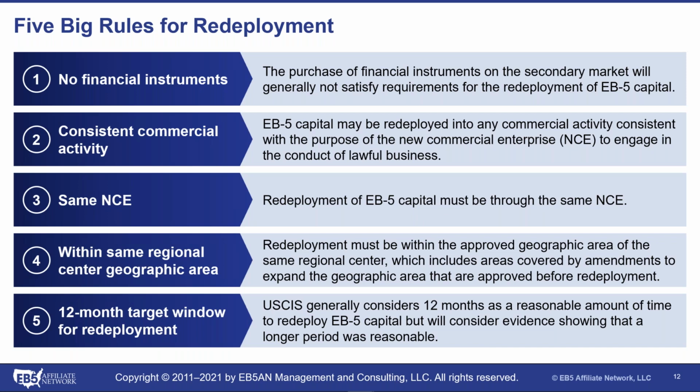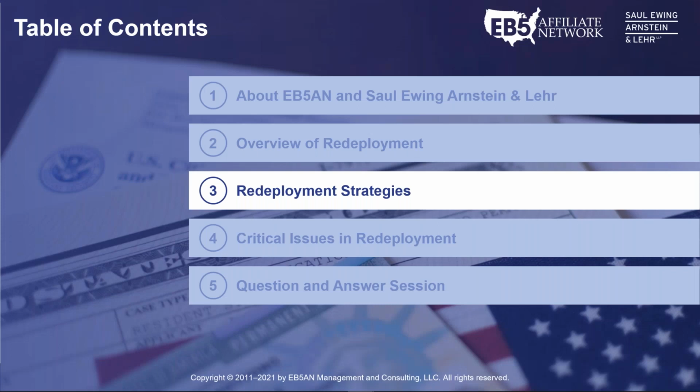Okay, so now we're through kind of the foundational context for how redeployment happens and what the current USCIS regulations are. Now we'll get to the fun part and talk about some more of the kind of specific details in the real life application with Jay and Ronnie around, how is this actually happening?